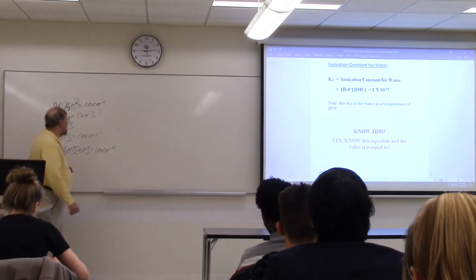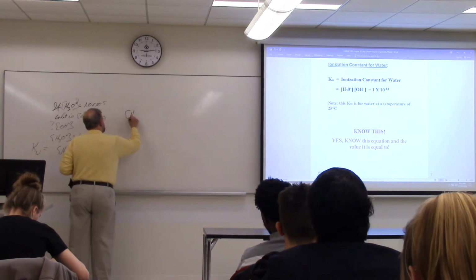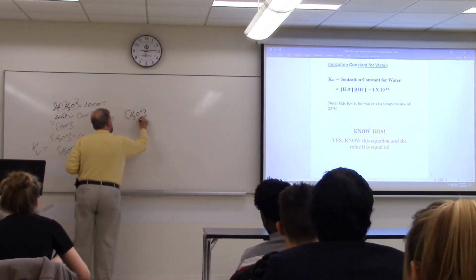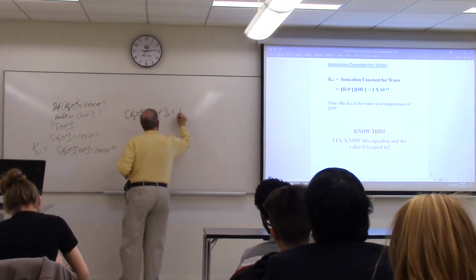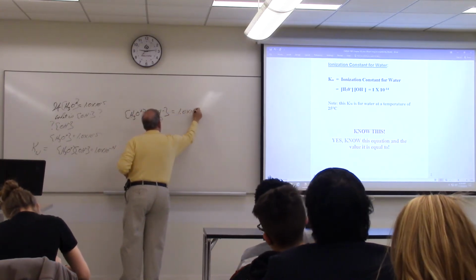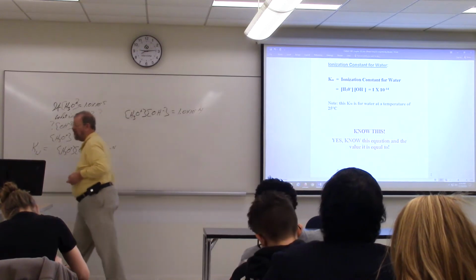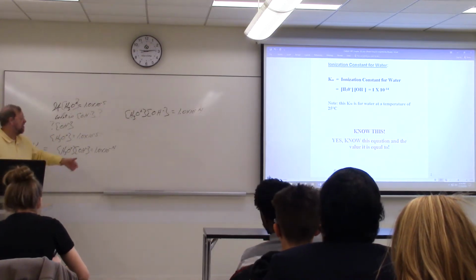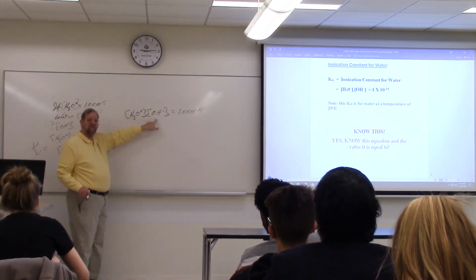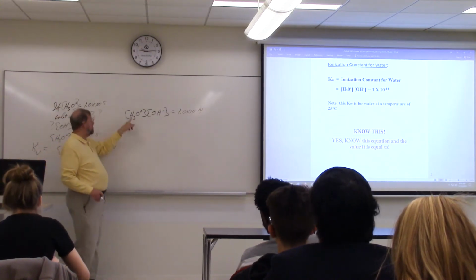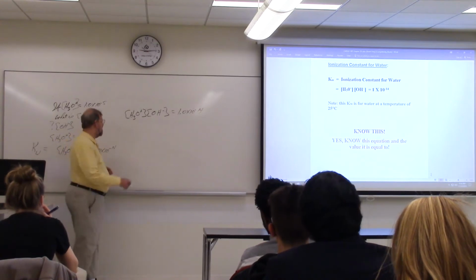So, I know this. What do I want to solve for? The hydroxide. So I want this alone on one side. What do I do to get rid of that? Divide by it.